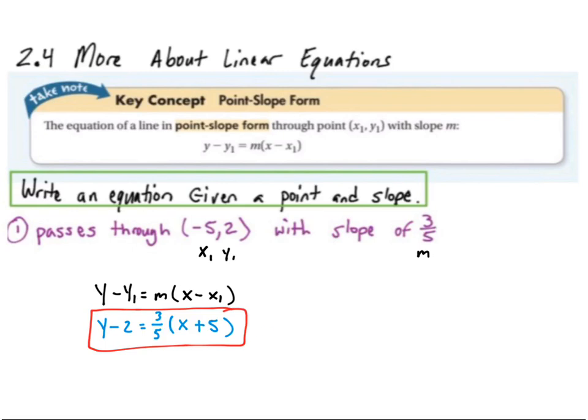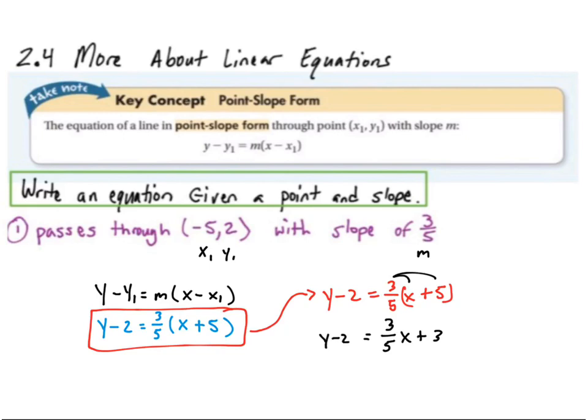You might remember from Algebra 1, if we wanted to, we could quickly turn this from point-slope form into slope-intercept form. We'll take a look at that real quick. To do this, we just need to distribute our slope. So we've got 3/5 x plus 5. Oops, sorry, not plus 5. It's going to be plus 3 because 3/5 times 5 is 3, equals y minus 2.